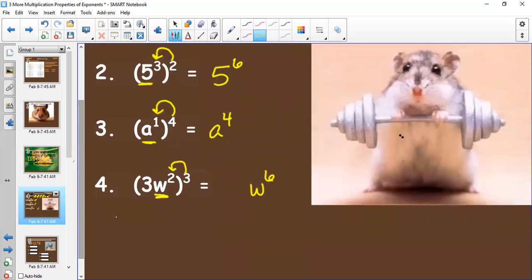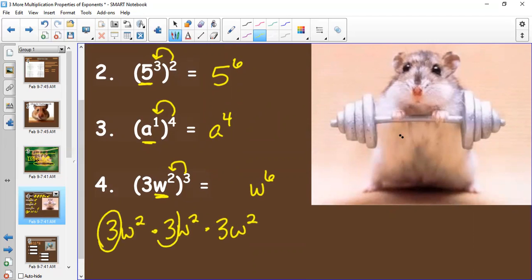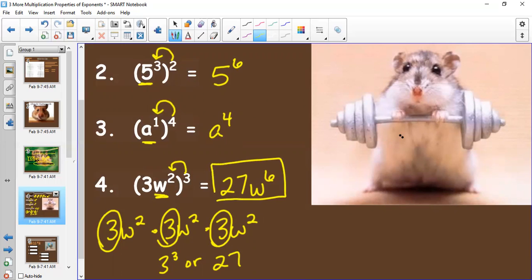So if you thought about it, when in doubt, expand it out, we would have 3w to the seconds if I actually expanded this out. And so yesterday, or on Friday, we talked about what we would do with our coefficients. You could say that I have 3 3's, or we multiply that out to get 27. So our answer here is actually 27w to the 6th.